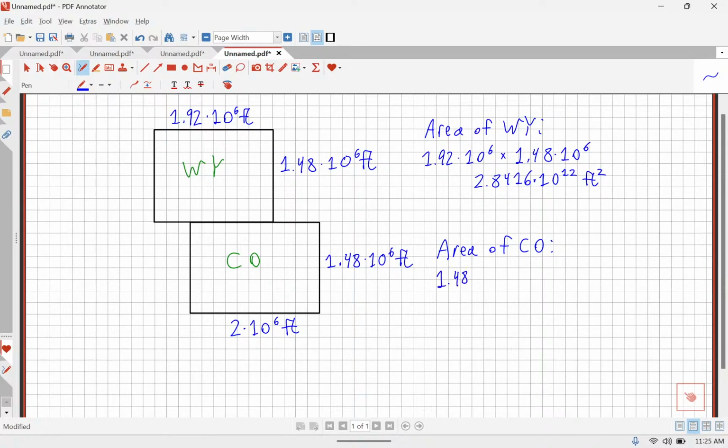Yeah, 1.48 times 10 to the 6th times 2 times 10 to the 6th. And what did you wind up getting? How many of us got 2.96 times 10 to the 12th feet squared for the area of Colorado? Yeah, and it turns out those are pretty good approximations.